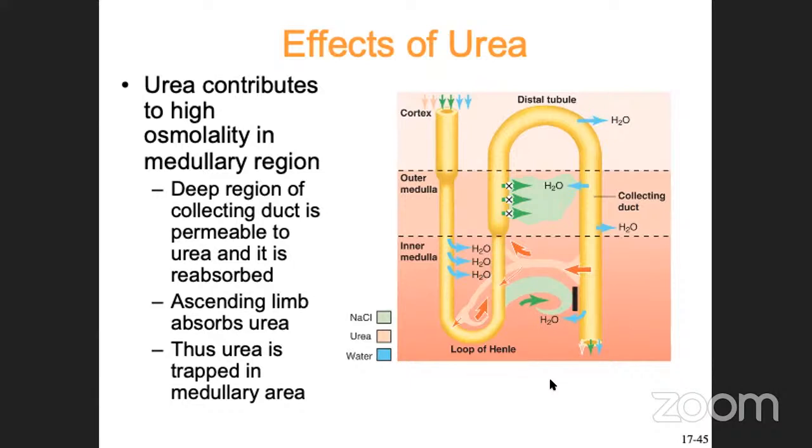Again, water is still reabsorbed at that location. Other than that, at the loop of Henle and the inner medulla region, you can find the thick ascending limb, and the sodium chloride is also roaming around inside this inner medulla or the deep region of the medulla, as well as the urea.